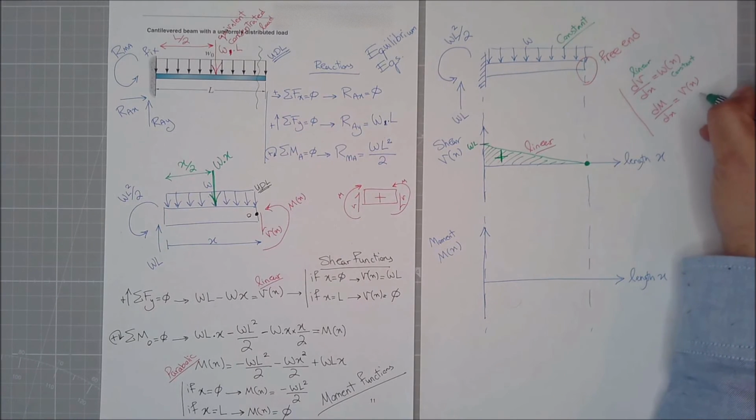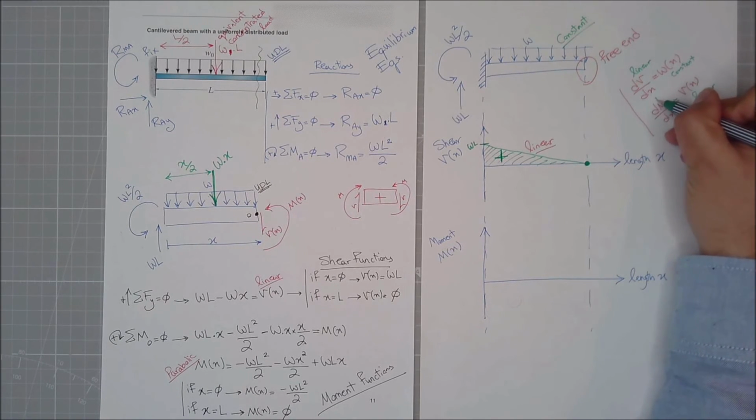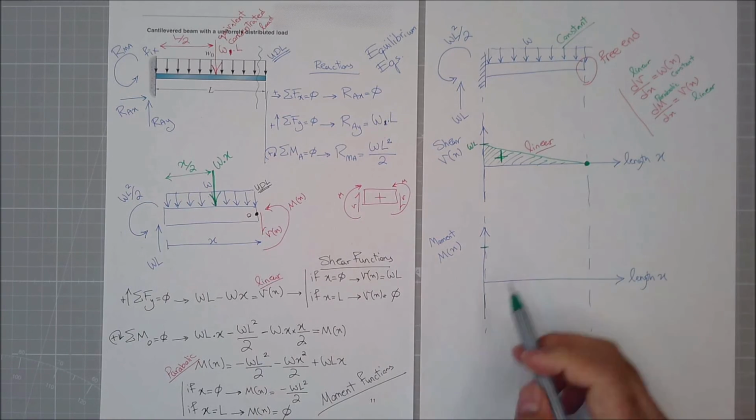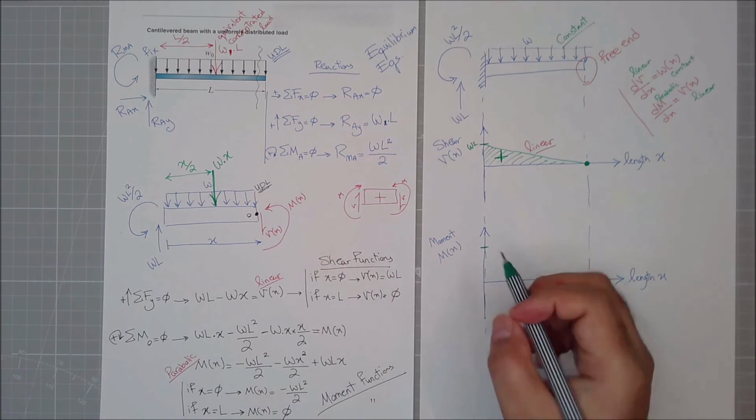If my shear is linear, I'm expecting a moment which is parabolic, as the function indicates as well. Let's see. It says at length equal to 0, my moment is negative omega L to the power of 2 divided by 2. It's negative, so we said for the moment we go the other way around.